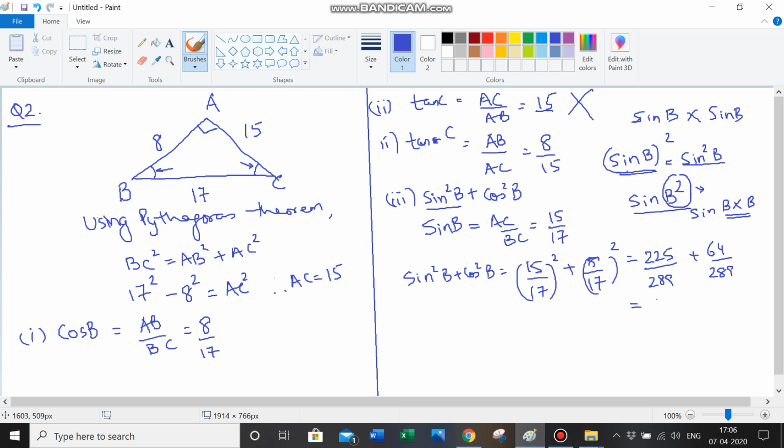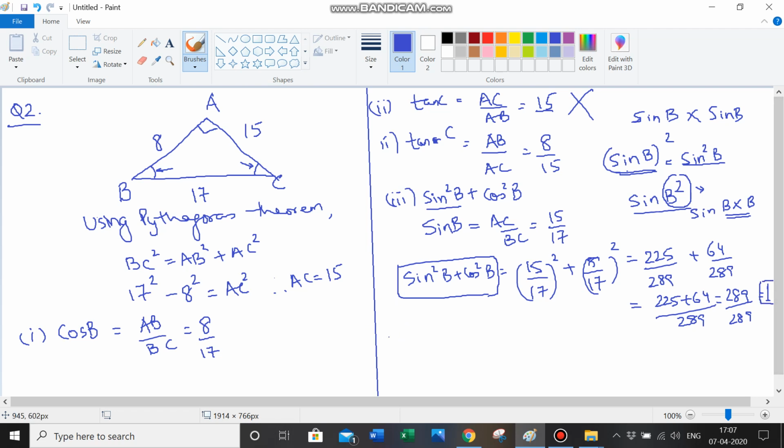So this is 225 plus 64 upon 289, which is equal to 289 upon 289, which is equal to 1. Please notice that sine square B plus cos square B in this case is equal to 1.